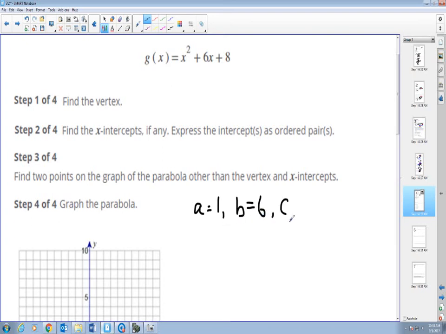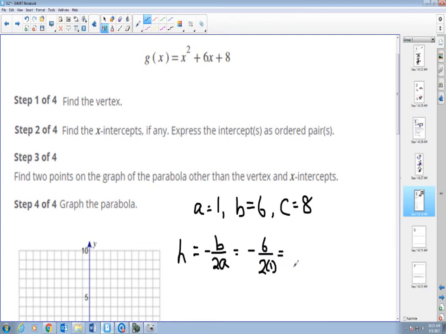I'm going to write the c while I'm at it. So my h, or the x value, is the same as -b over 2a. So that would be -6 over 2 times my a, 1.